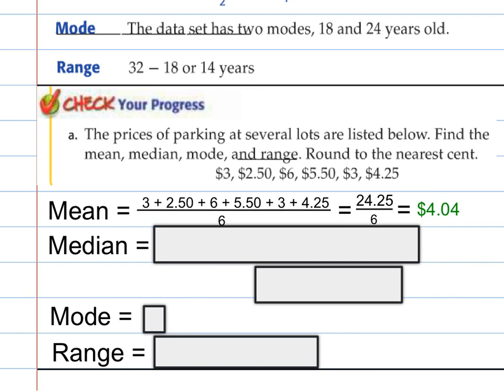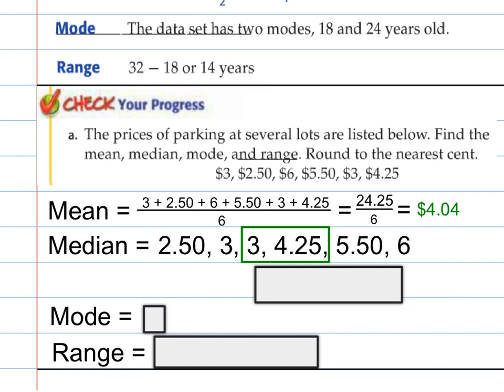For the median, the number in the middle, the first thing we have to do is line up our data points from least to greatest. When we do that, it changes to $2.50, $3, $3, $4.25, $5.50, and $6. If I cross off one on each side to find my middle, again there are two numbers, so I'm going to have to find the mean of these two middle numbers.